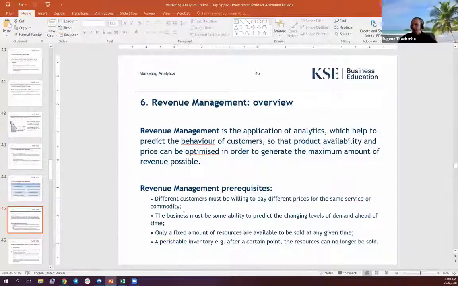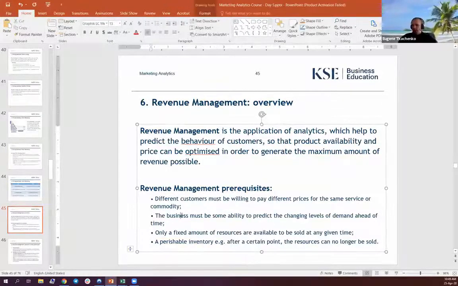Then businesses, or your particular business, must have some ability to predict the changing levels of demand ahead of time.